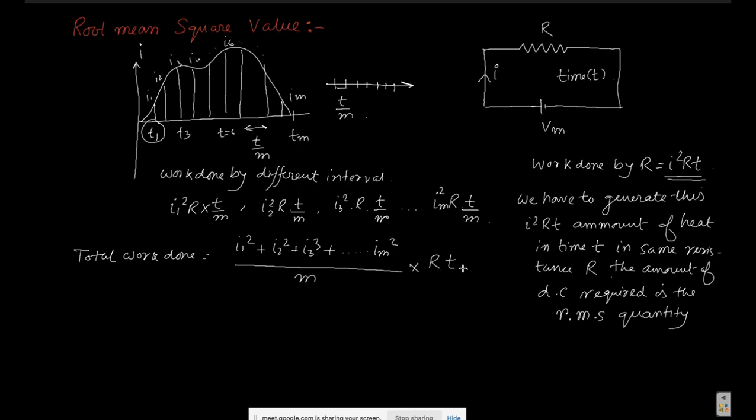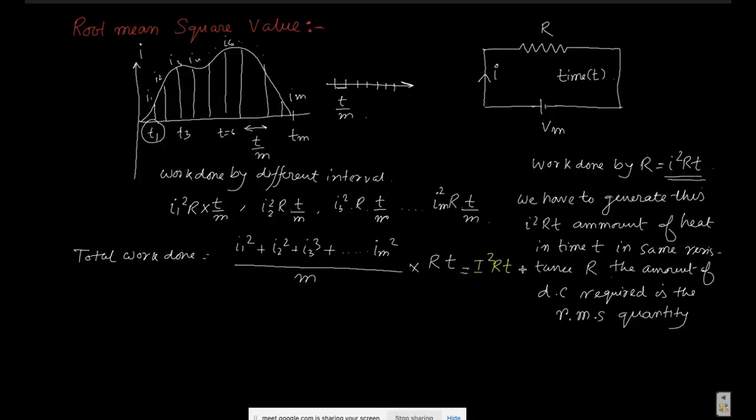This is nothing but the I square RT. You get my point? If the entire current is I, then I square RT is I1 square plus I2 square plus I3 square plus dot dot dot Im square, by m, into RT.